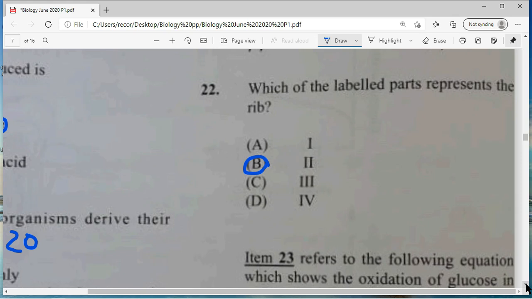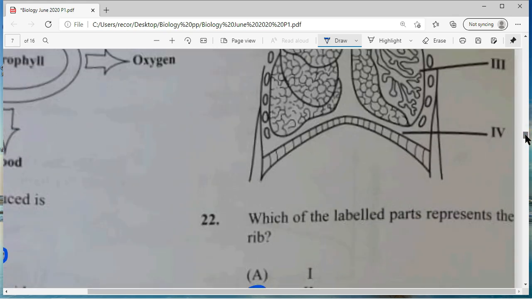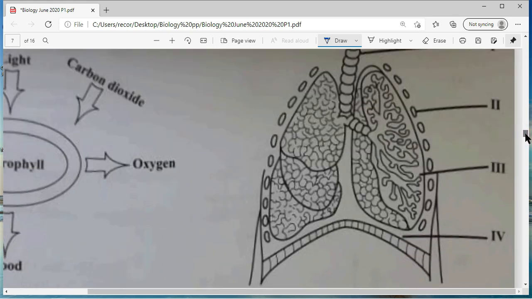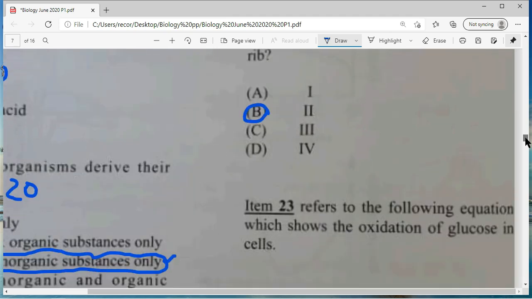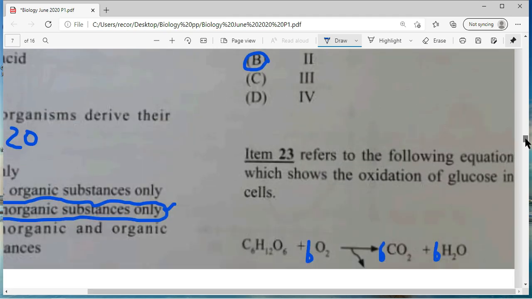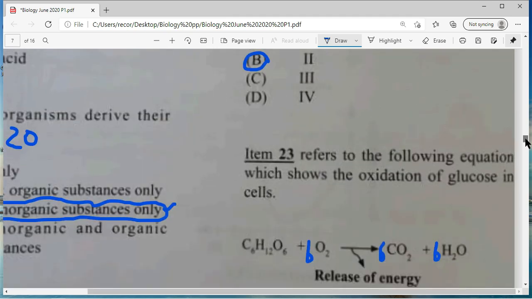So B is the answer for 22. We move back up to show you the diagram again: 2, B, is the answer, being the rib cage. And we make our way down to question 23, which refers to the following equation, which shows the oxidation of glucose in cells.